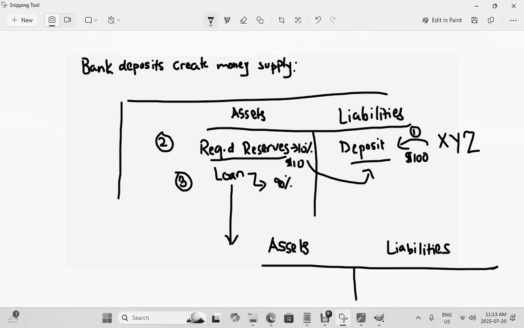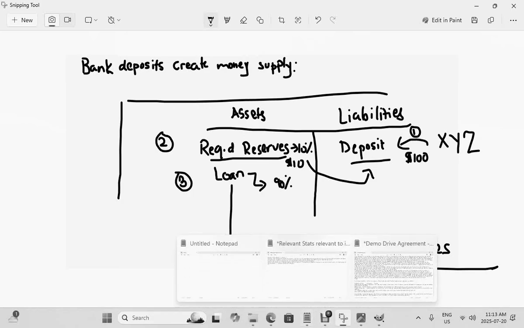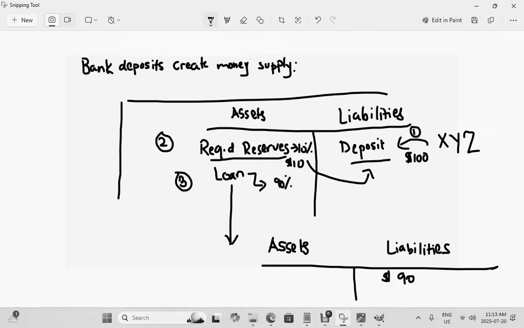So when this person makes a deposit, it goes under that bank's liability, which means the bank will have $90 as liability. And under assets, the bank will have 10% of 90 bucks, so $9.